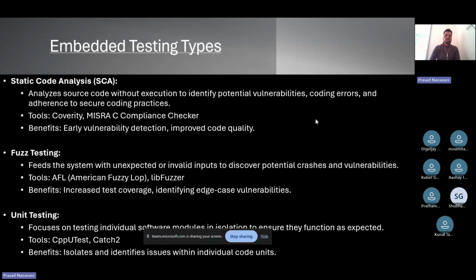Then testing के types देखे हमने. Testing, how we do it in embedded, mostly from a security perspective, from a testing perspective, from an integration perspective. So from a security perspective, we have static code analyzers in place, and the tools are the Misra C compliance checker.